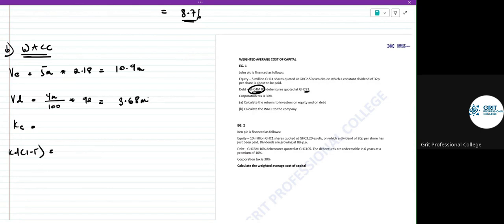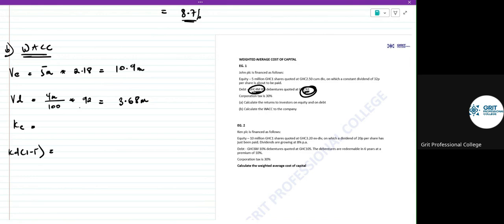The current market value, like you can see, is much lower than the total face value, just because the price is 92 but the par or face value is 100. That is why the face value is higher than the current market value.